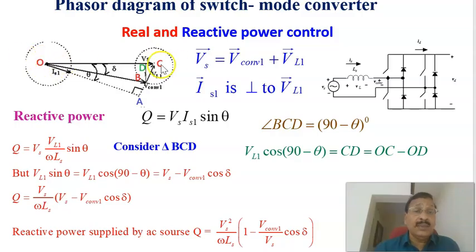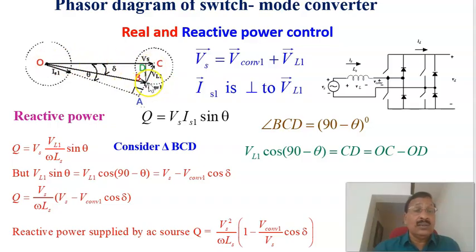OC is equal to the grid voltage Vs. What is OD? OD is V converter 1 cos delta.